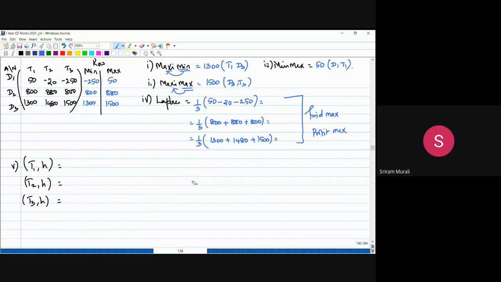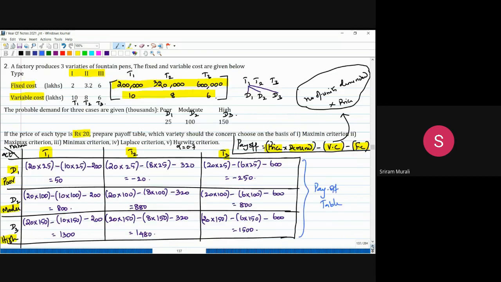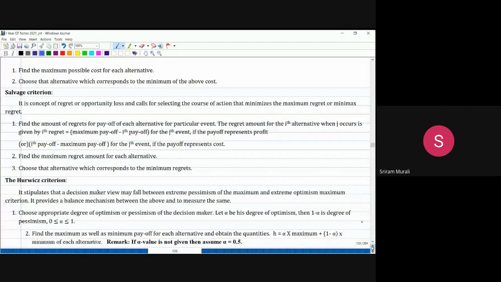The last case is Hurwicz criterion. This Hurwicz criterion is based on the alpha parameter. It stipulates that the decision maker's view may fall between extreme pessimism, the maximin criterion, and extreme optimism, the maximax criterion.